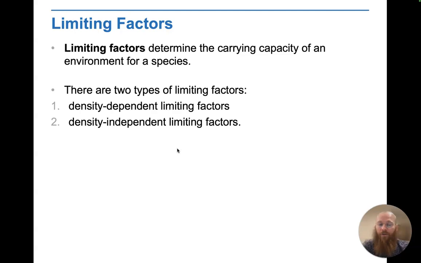So limiting factors are going to contribute to how many of each population for each species can survive within a given environment. And there are 2 types of limiting factors that we're going to go in detail for today. Those are going to be those that are density dependent and density independent.